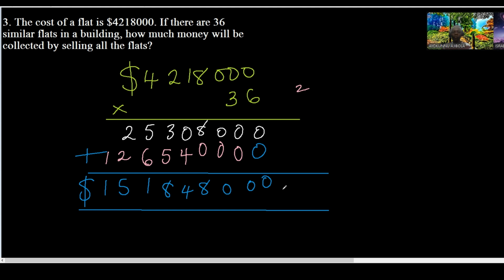Because what you need to do is count 3 digits. This is thousand. This is million.